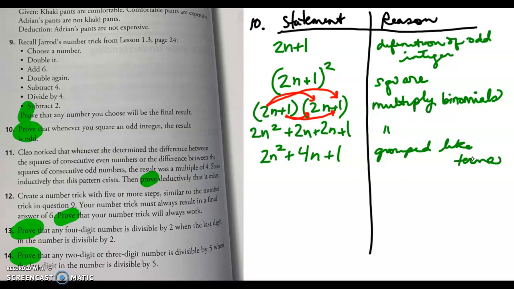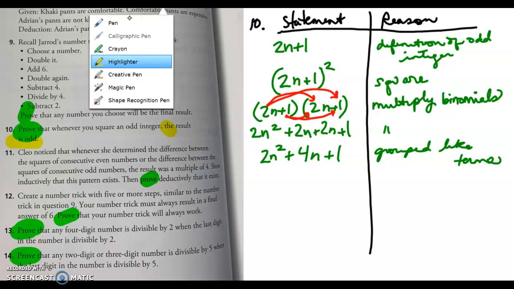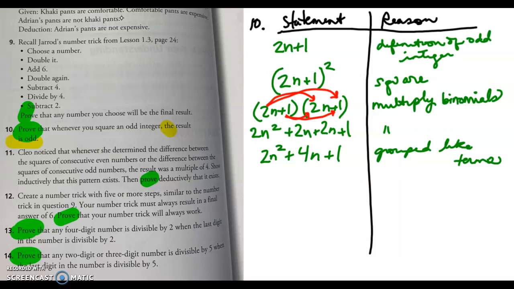Now we're supposed to prove that the result is odd. So we need to show in our statement section an odd number. 2 times something plus 1 means odd. I like this plus 1, that means odd. If we could factor out a 2 here, which it looks like we can, it would be odd. So if we factor out a 2, we're left with n squared plus 2n plus 1.